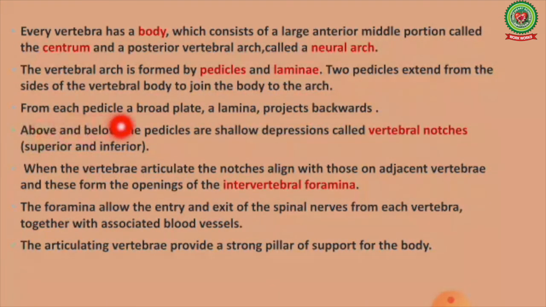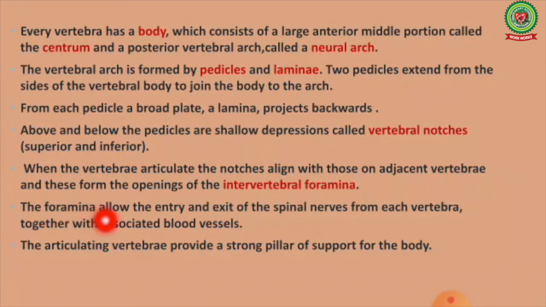From each pedicle, a broad plate, a lamina, projects backward. Above and below the pedicles are shallow depressions called vertebral notches. When the vertebrae articulate, the notches align with those on adjacent vertebrae and these form the openings of the intervertebral foramina.